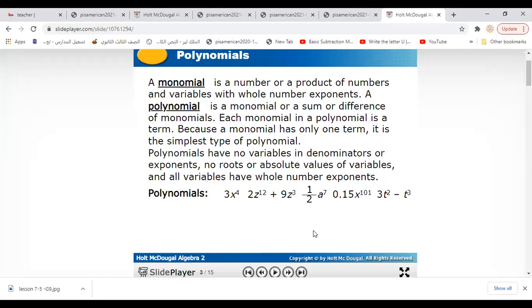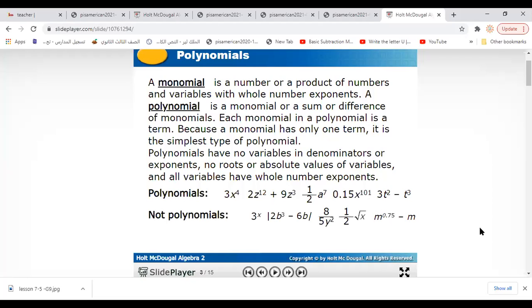What do you note about the exponents in all these examples, grade 9? Whole numbers. Do you find any rational numbers in the exponents? No. Any negative numbers? No. So the exponents should be whole numbers.